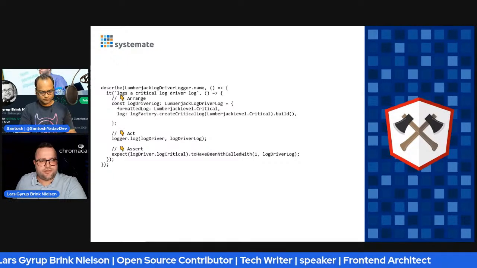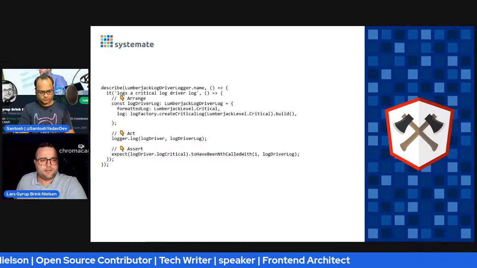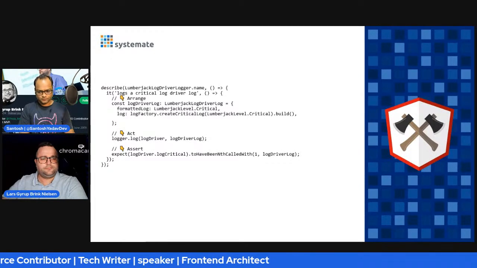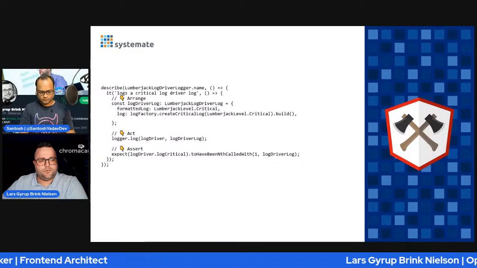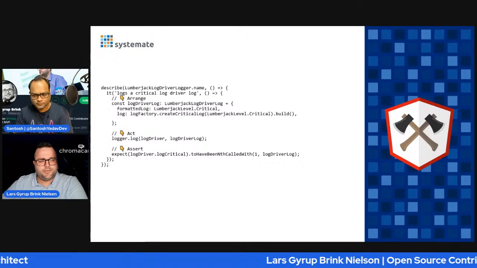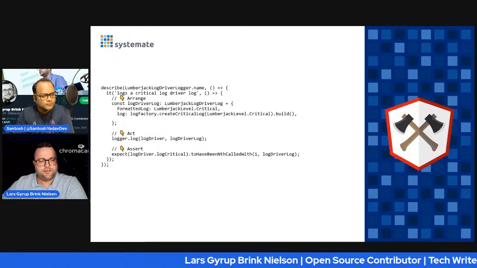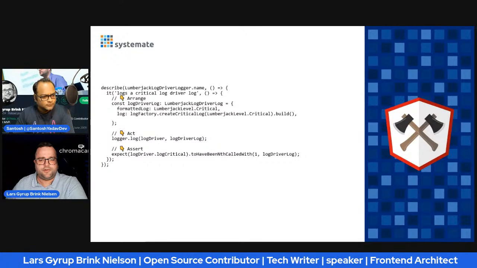So that's the basic structure of a test, and it's a good structure to follow. It can also help you decide whether you are testing too much in a single test. If you break it down into these groups, it's a good pattern to follow.